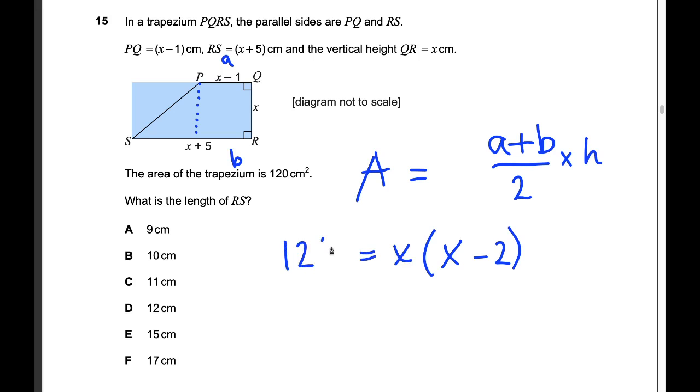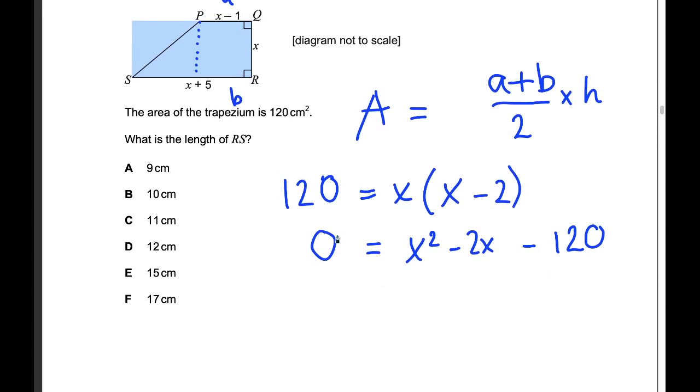I'm asked to work out the length of RS, so I'm asked to work out x plus 5, but to do that I need to work out x. So if I expand these brackets, I'm going to get x squared minus 2x minus 120 equals 0. So I'm looking for two numbers that multiply to give minus 120 and add to give minus 2.